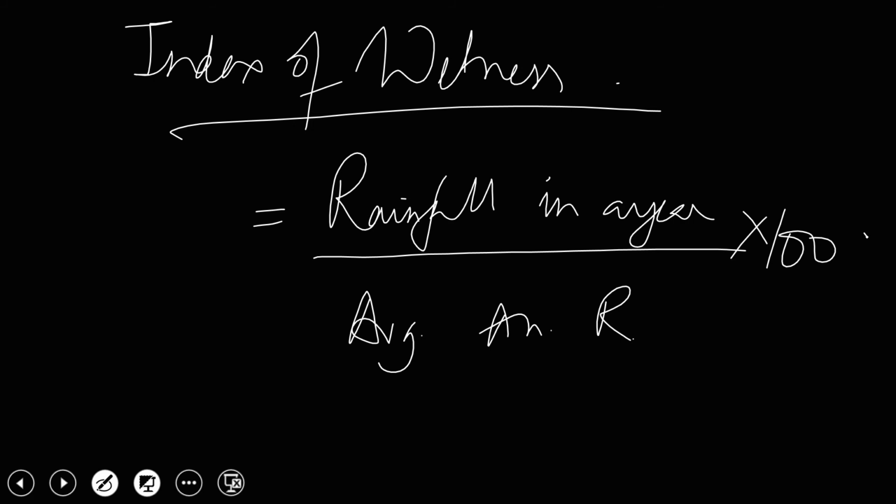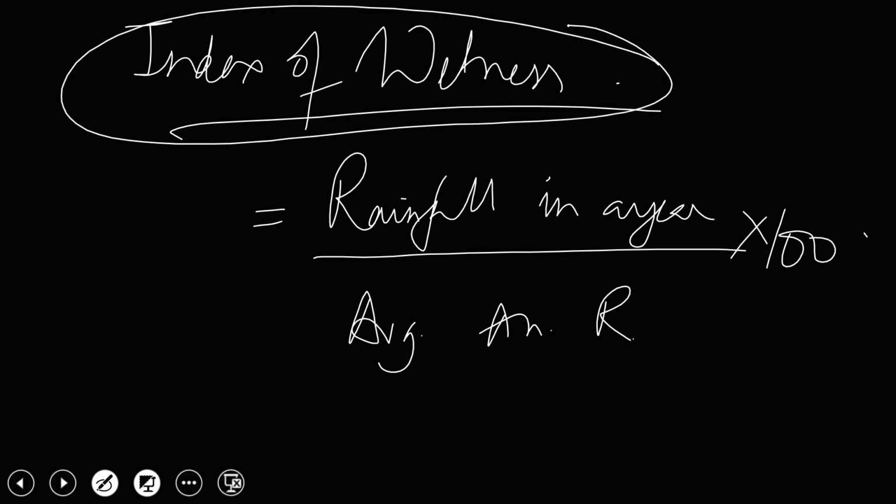Alright, now depending upon what the index of wetness is, we can calculate rainfall deficiency.